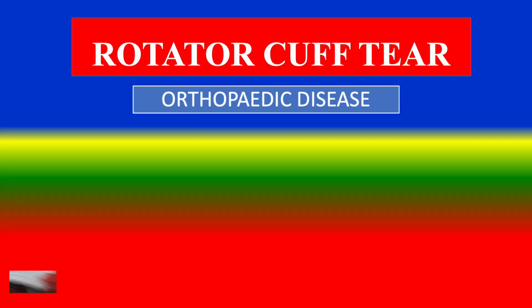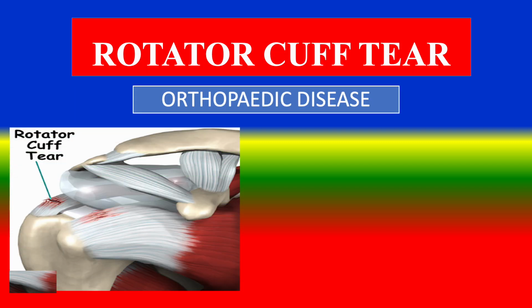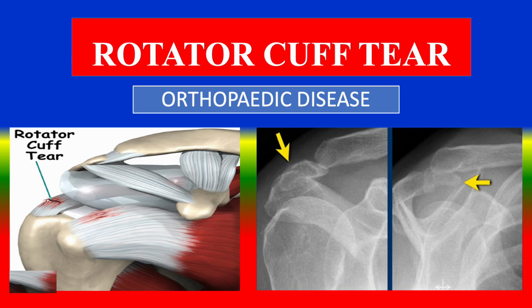Rotator cuff tear is an orthopedic disease condition. Look at this picture, it shows a shoulder joint with a tear of the tendon. X-ray of the shoulder to rule out bone abnormalities.